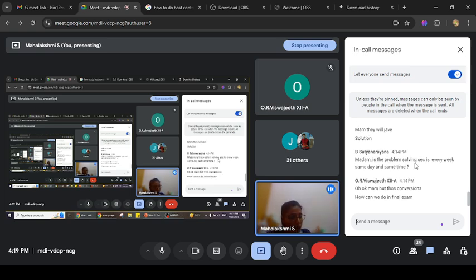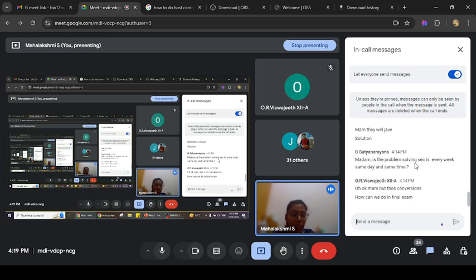And then how can we do in final exam? Okay, ma'am, but those conversions, you have to work out. I think you are writing the NPTEL exam for the first time. You will get the rough paper also in the examination hall. We have the digital calculator over there in your computer.